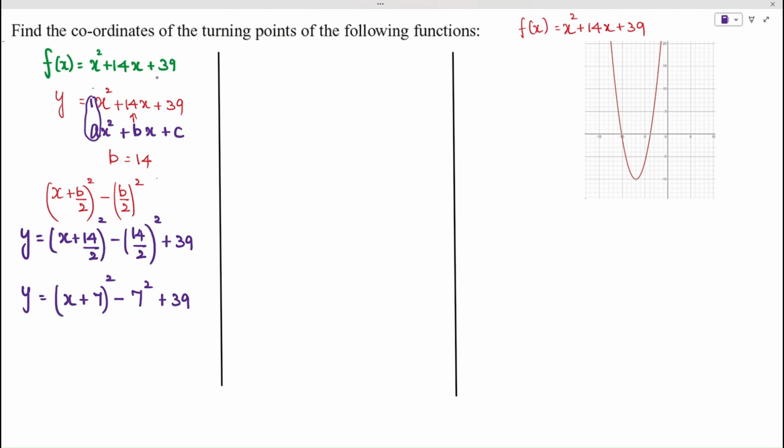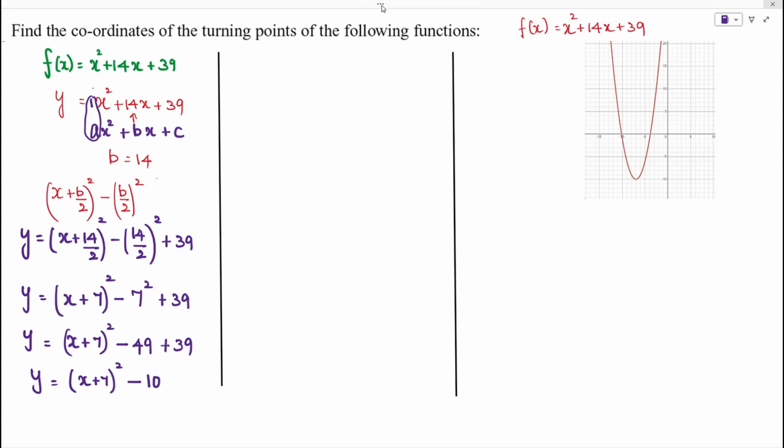And so if we bring it all together, we get y is equal to x plus 7 the whole squared minus 49 plus 39. So this is equal to x plus 7 the whole squared minus 10. And so now we have it in our completed the square format.